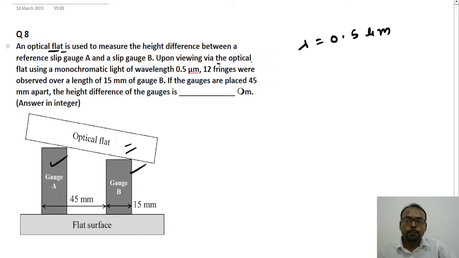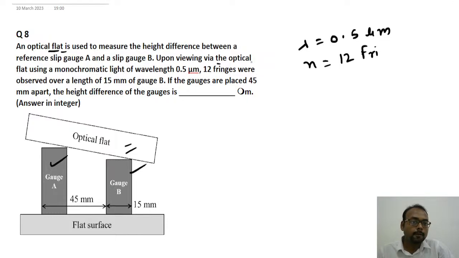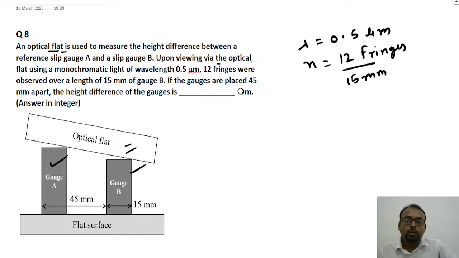12 fringes were observed over a length of 15 mm of gauge B. So we are given total n equal to 12 fringes for 15 mm length of gauge B. If the gauges are placed 45 mm apart, we have to find out the height difference of the gauges.